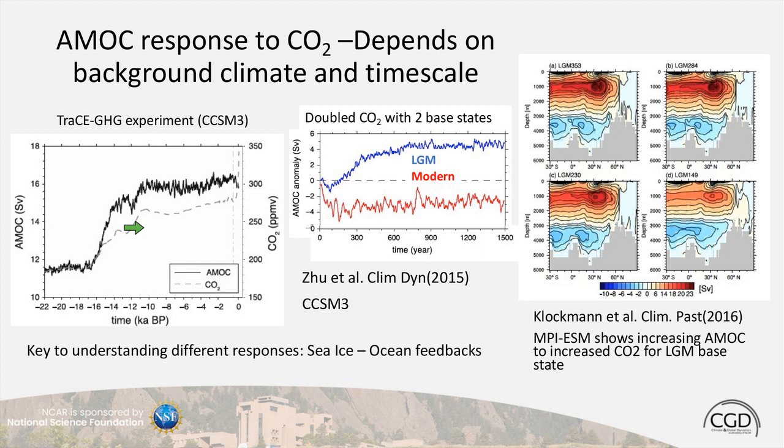So this is quite a different response than we think of when we think of response of AMOC to CO2. We usually think of a decline, and yet here through the deglacial period we saw a rise.